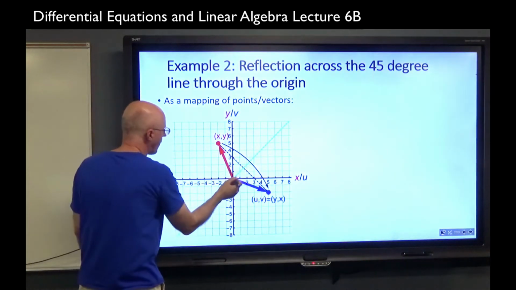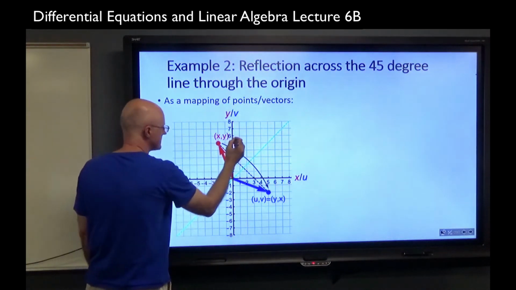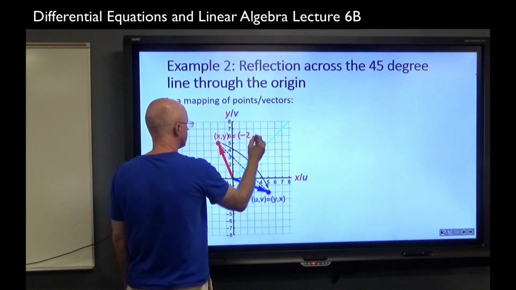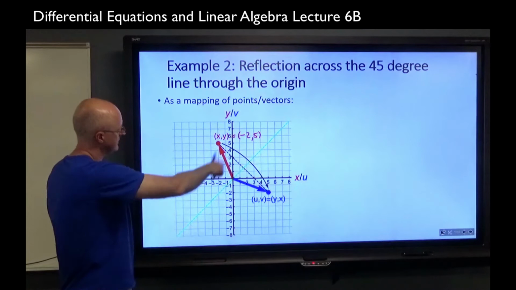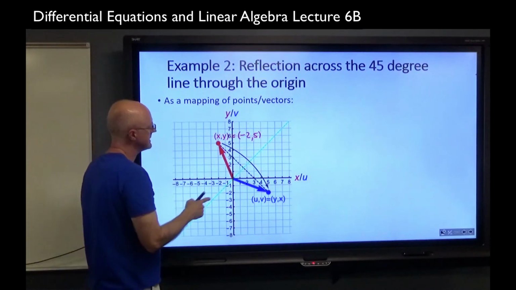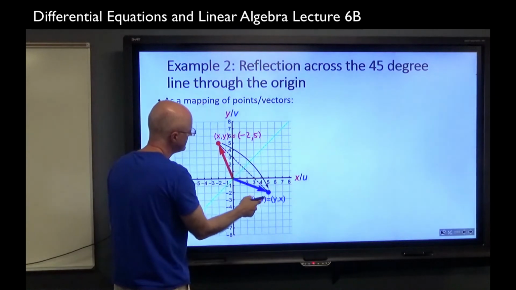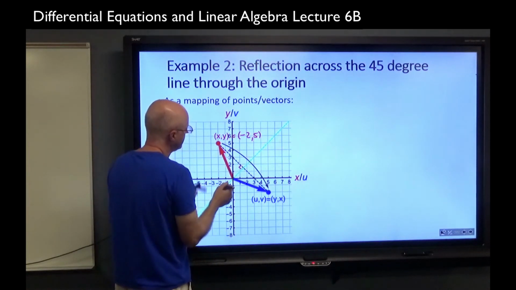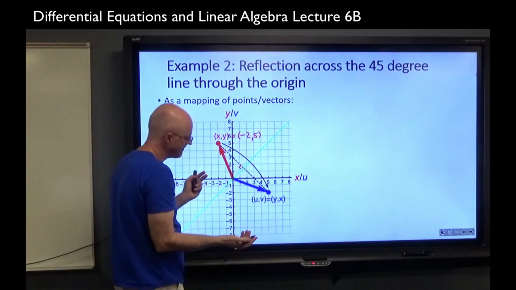For any given point or arrow (x, y), which I'm taking to be this point, whose coordinates would be (-2, 5), I reflect it across the dashed green line, which means I draw a point over here such that the line segment connecting these points makes a right angle, is perpendicular to the green line, and the distance between the red point and the green line and the blue point and the green line are the same.